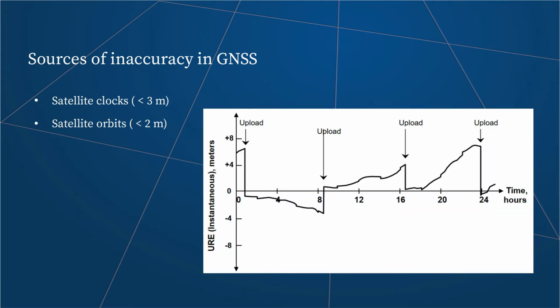The satellite flies through the gravitational field of the Earth, which is not perfectly smooth, and it is also affected by the moon, by the sun, and by the solar wind. Also, the atomic clock is drifting in an unpredictable direction because of this changing gravitational field. Errors from these two factors are constantly monitored, and when they become too big, a new navigational message is uploaded to the satellite.